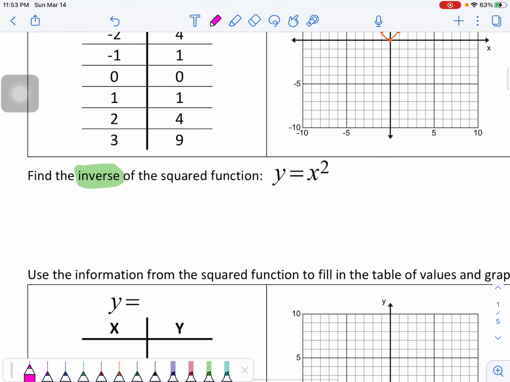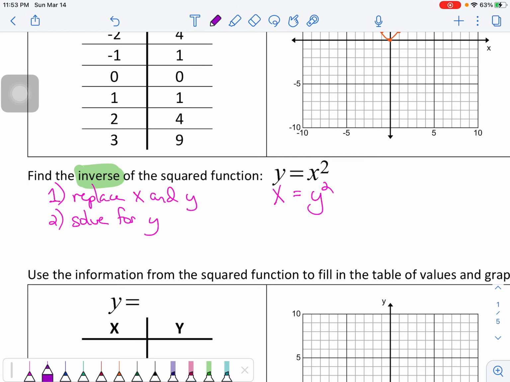I'm sorry, no, solve for y. I lied to you, sorry. Okay, so step 1, replace x and y. Your y is going to change into an x, your x is going to change into a y. Step 2, solve for y. Had to make sure I said it right this time. Didn't say it right the first time.